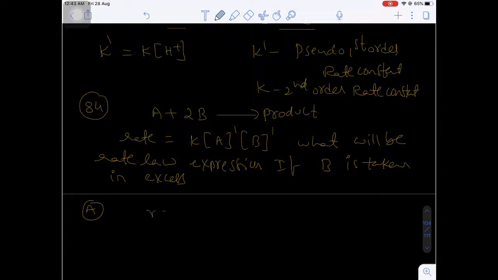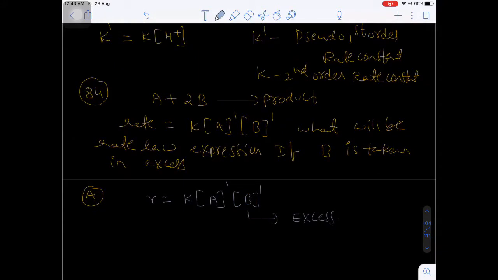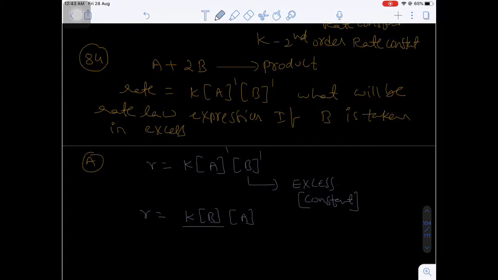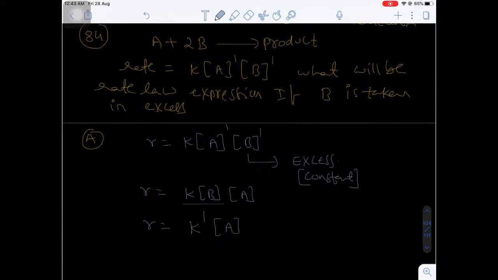Now I am taking R equal to K into concentration of A into concentration of B. In the question, the concentration of B is taken in excess quantity, so it is almost constant throughout the reaction. So instead of K into concentration of B, I am writing another rate constant, K dash, times A. Are you getting my point?